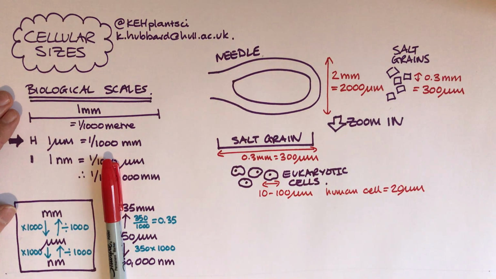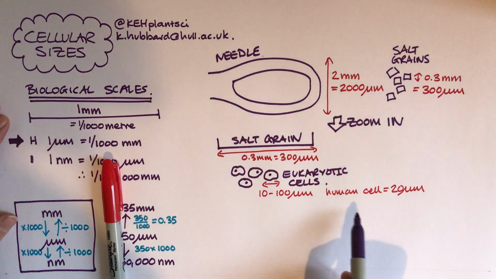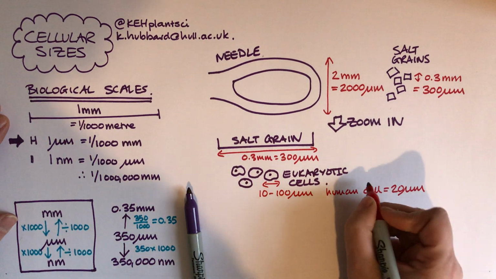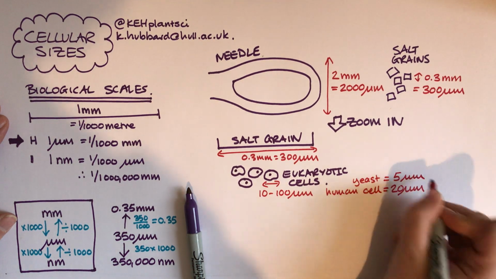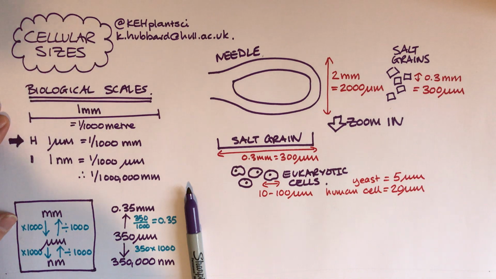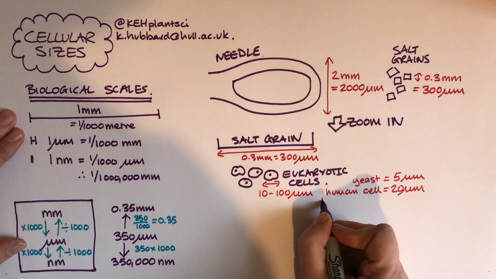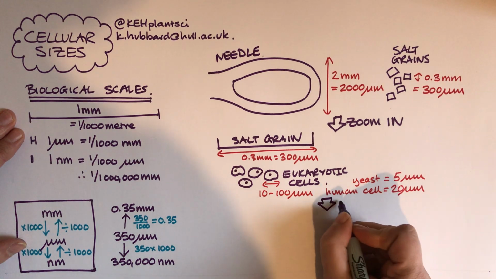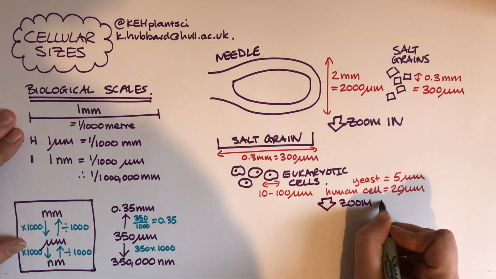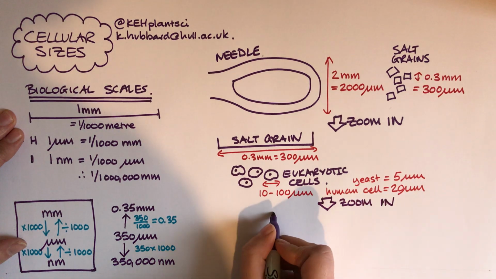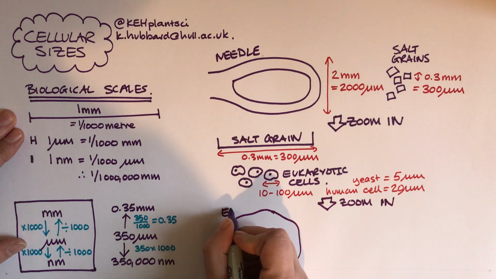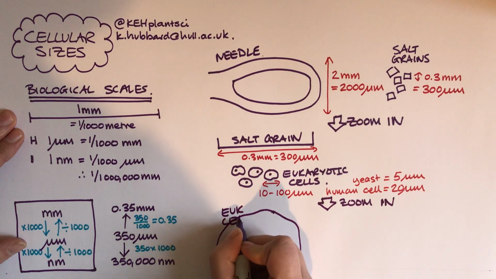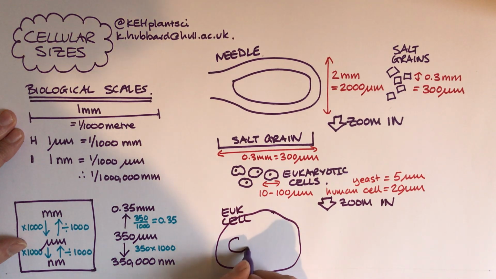Yeast cells might be a bit smaller, they might be 5 micrometres. A human cell, we might be thinking about 20 micrometres. Let's zoom in again. Now I've got a eukaryotic cell, and we might have its nucleus.